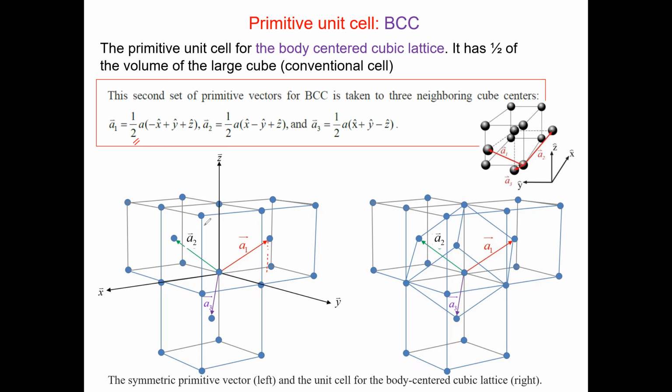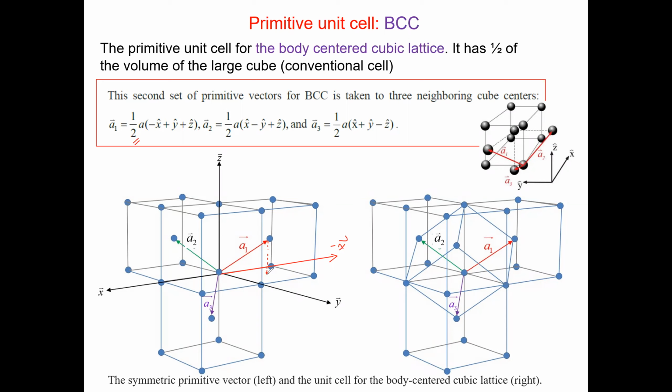So this is the minus x axis, going that way. If you project this point here, it's going to end up on the bottom, okay?